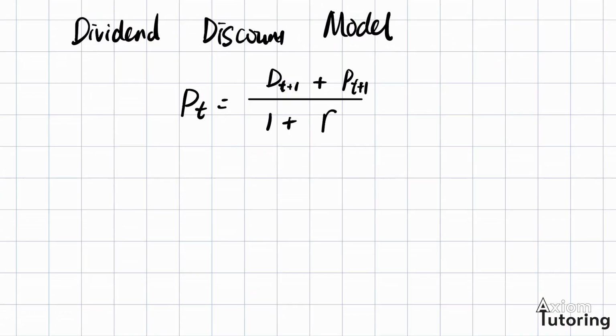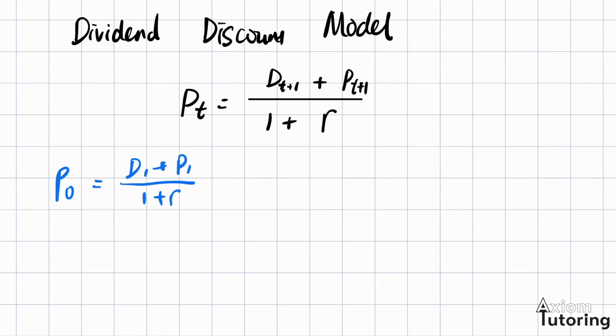So this only gives us PT, not P0, but what we would like is P0, because we need to calculate the present value of the stock's value so that we can come up with a price at which we're willing to pay. So with this generalization, we can always write P0 is simply D1 plus P1 divided by 1 plus R. This is something we have already seen in the previous video.